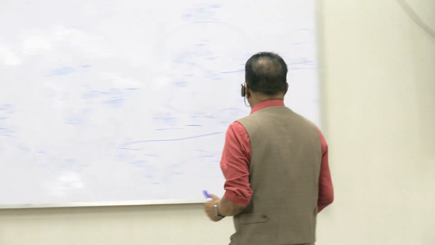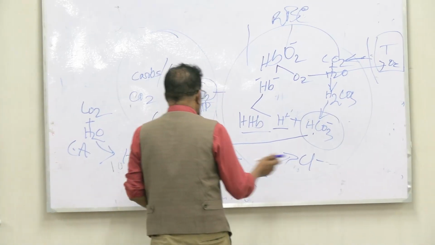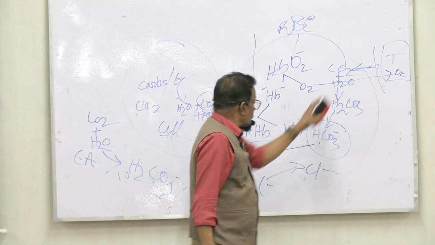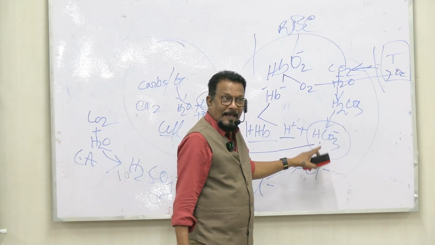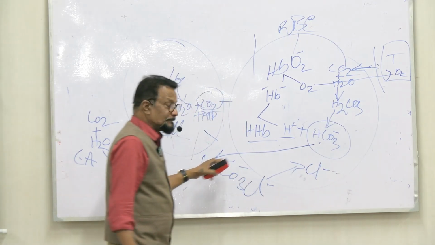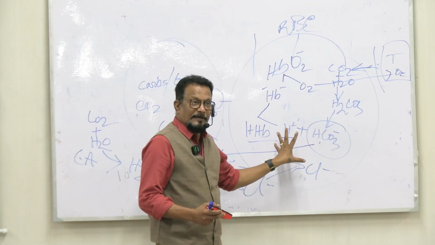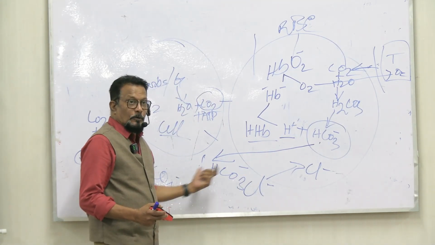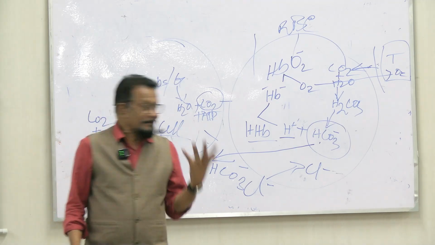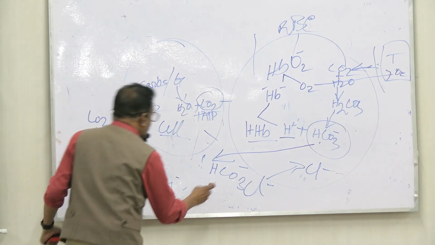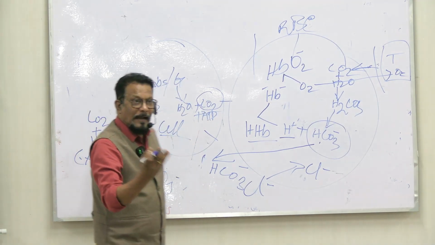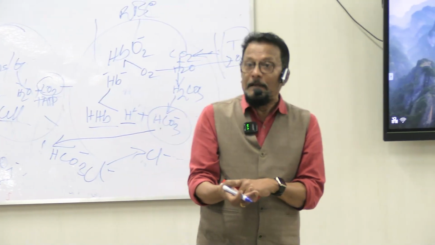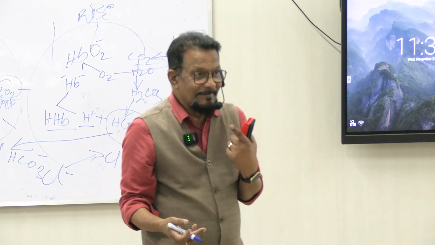So now we can see carbon dioxide produced by the cell is converted into bicarbonate, and some bicarbonate will be retained within the RBC, and most of the bicarbonate will come to plasma. Here in the blood there is a lot of sodium chloride. We know the taste of blood is salty. Why?